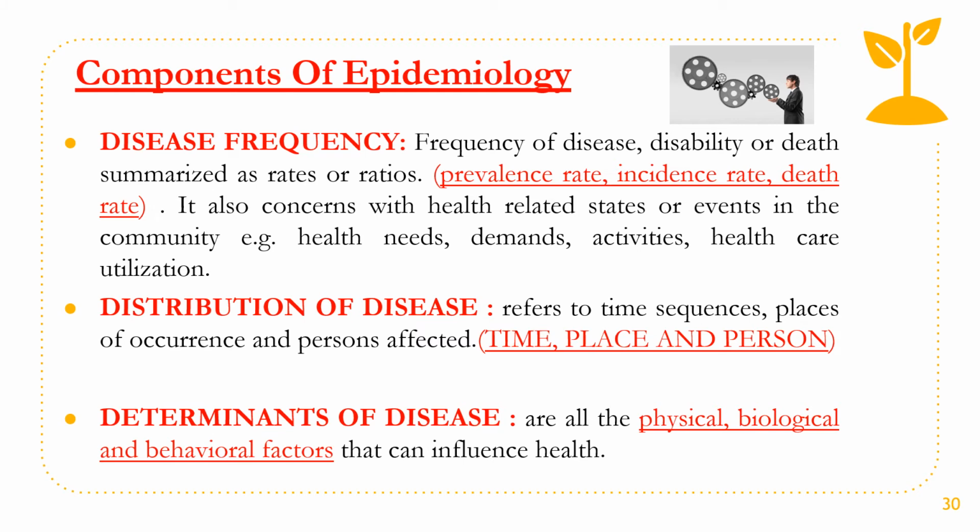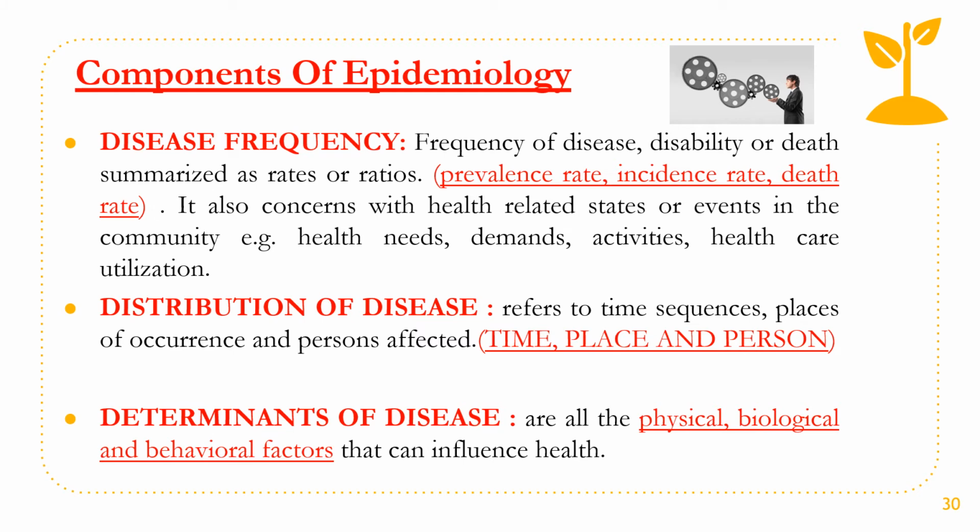Components of epidemiology. The first one is disease frequency. Frequency of disease, disability, or death summarized as rates or ratios: prevalence rate, incidence rate, and death rate. It also concerns health-related states or events in the community, for example health needs, demands, activities, healthcare utilization.